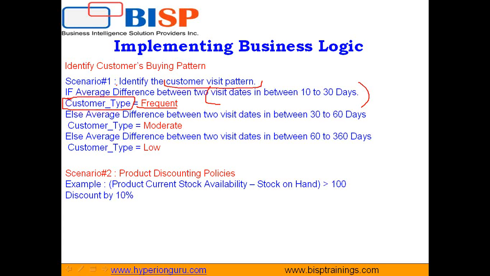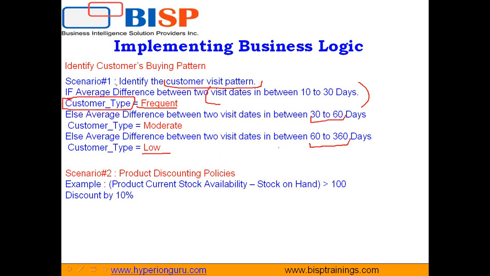If the customer visits in between 10 to 30 days, we call them a frequent visit customer. Otherwise, moderate if the customer visits between 30 to 60 days. If between 60 to 360 days, we call them low visit. If it is more than 360 days, we assume the customer is inactive.